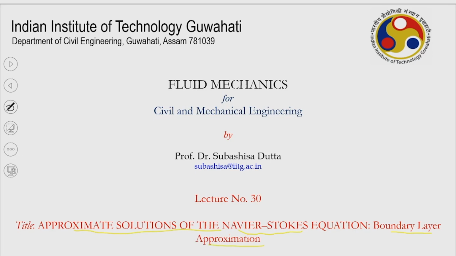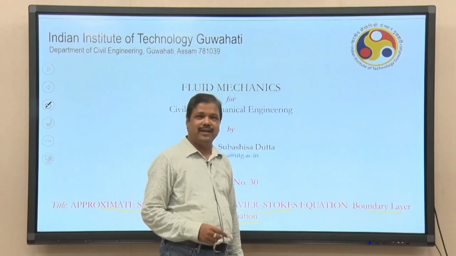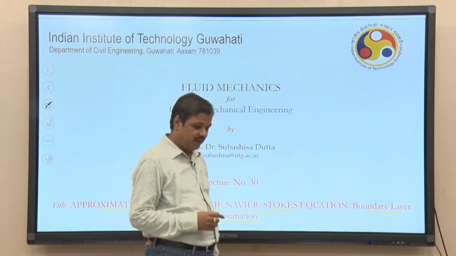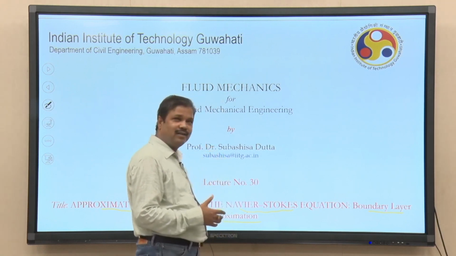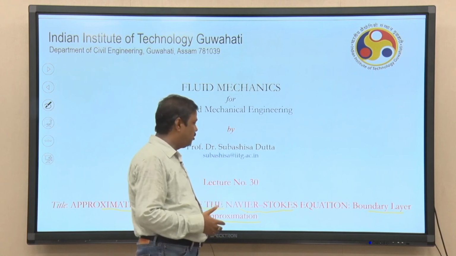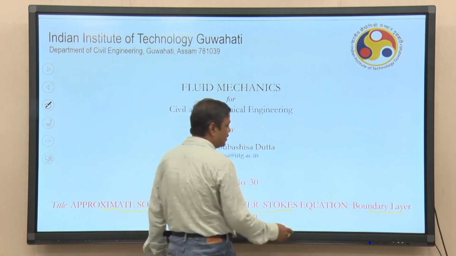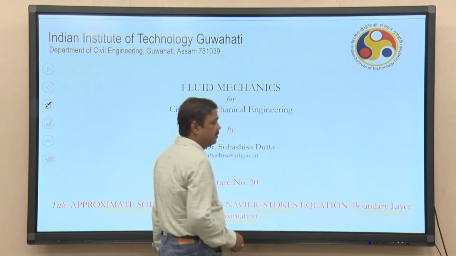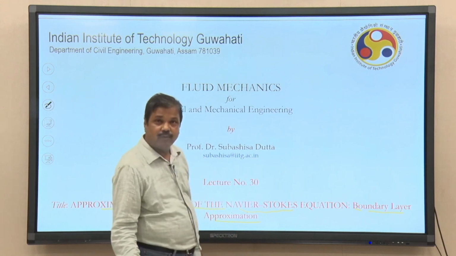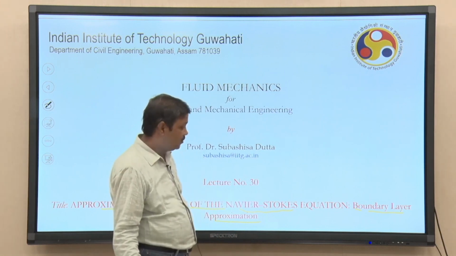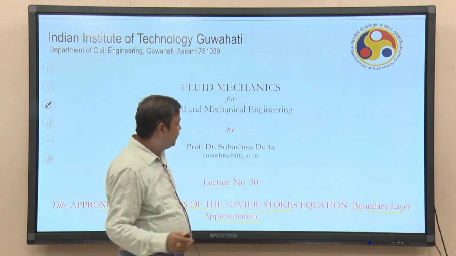Then we will discuss the boundary layer approximations for the Navier-Stokes equations. Today I will talk in detail about boundary layer approximations, and how we do it for boundary layer problems. So, that is the problem I will introduce to you.